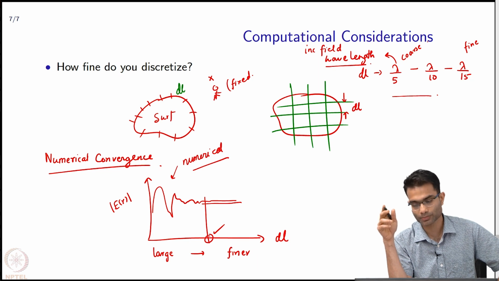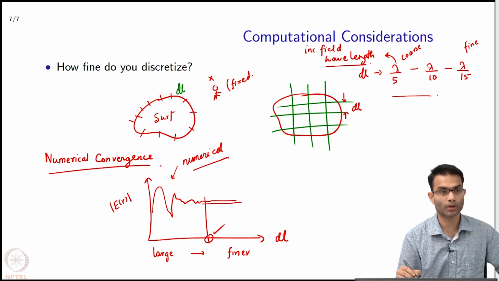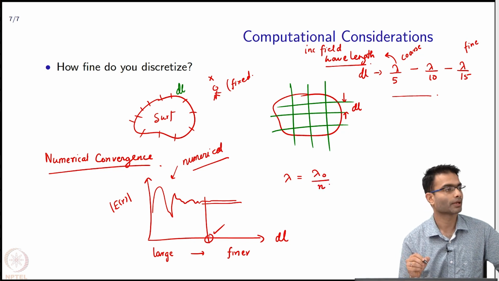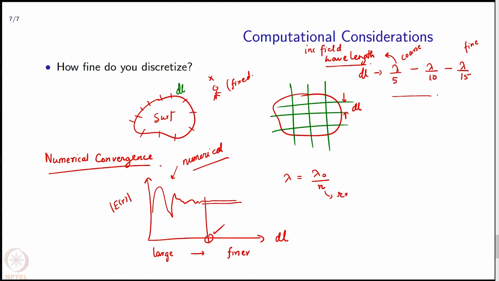Inside the medium. Yes, that is a good point. So these are values of lambda which are inside the medium. What do I mean by inside the medium? Lambda is equal to lambda naught by n, where n is the refractive index of the object. So, the conclusion is that if I have an object with a very high refractive index, I need to grid it finer compared to a very low refractive index.